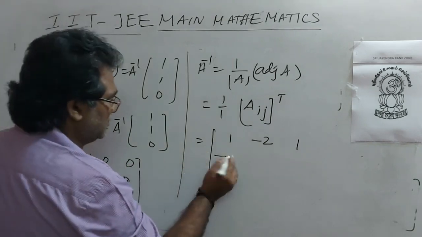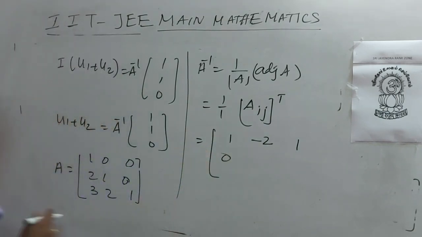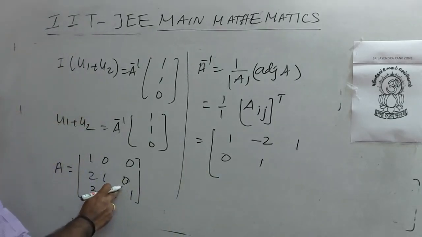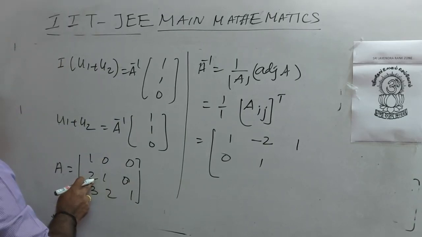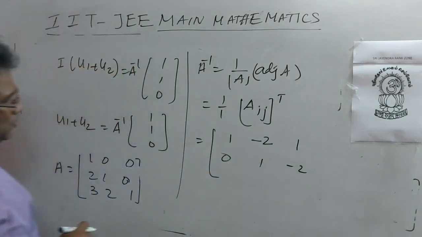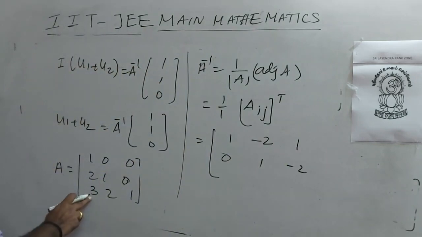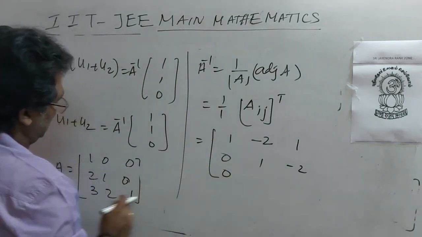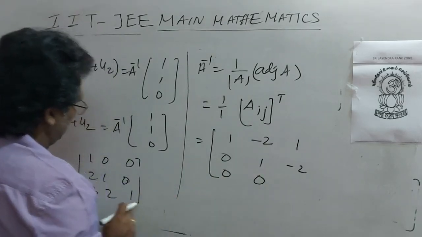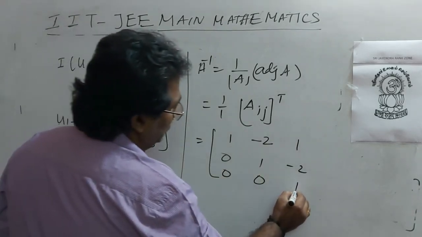So 0. Okay. For this 1. For this, leaving out this row and this column, 2, but we have to put minus 2, preceded with a minus sign. For this 0. For this, leaving out, 0. For this we have 1.